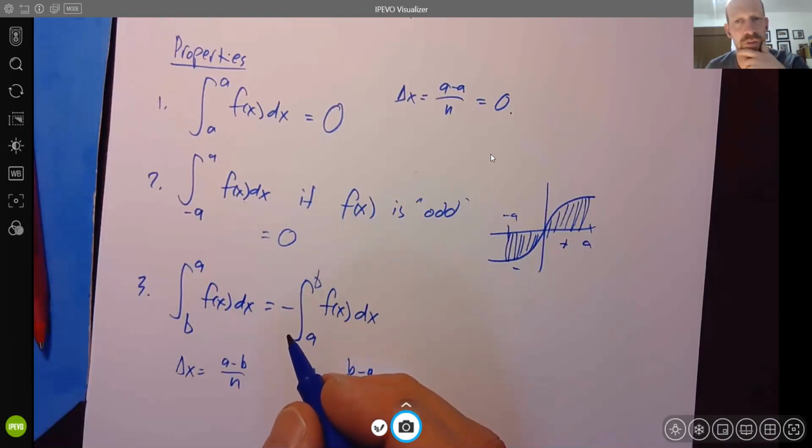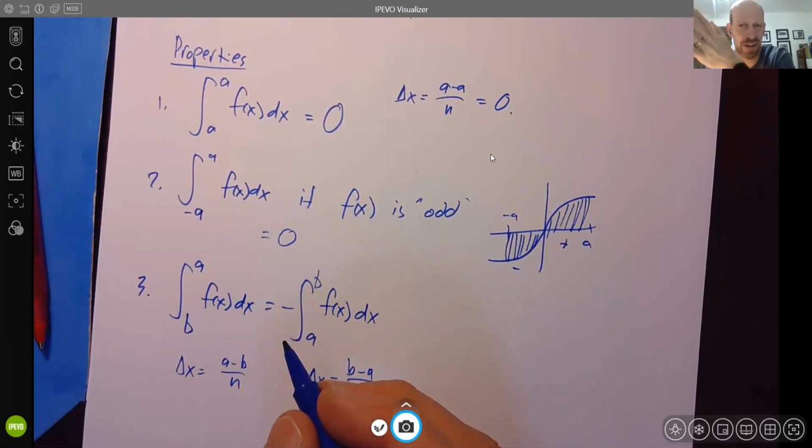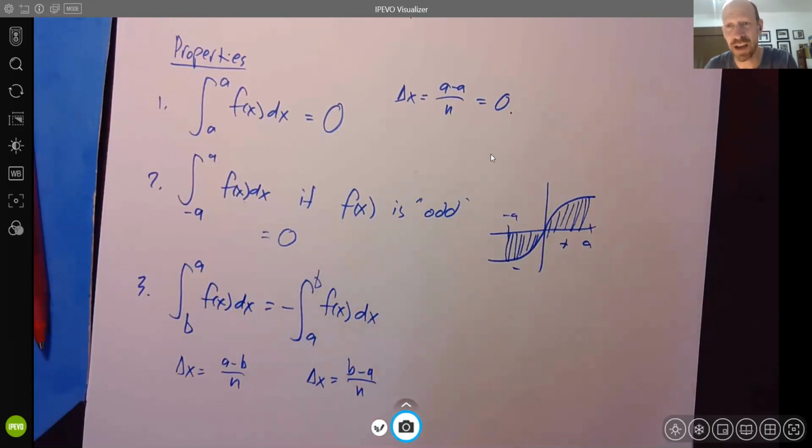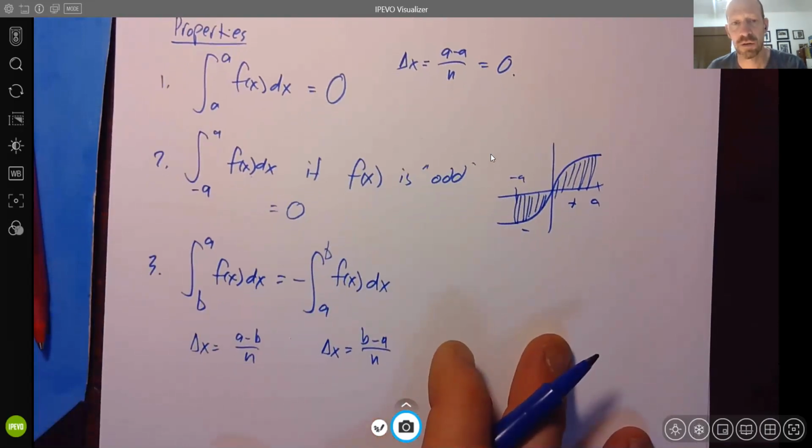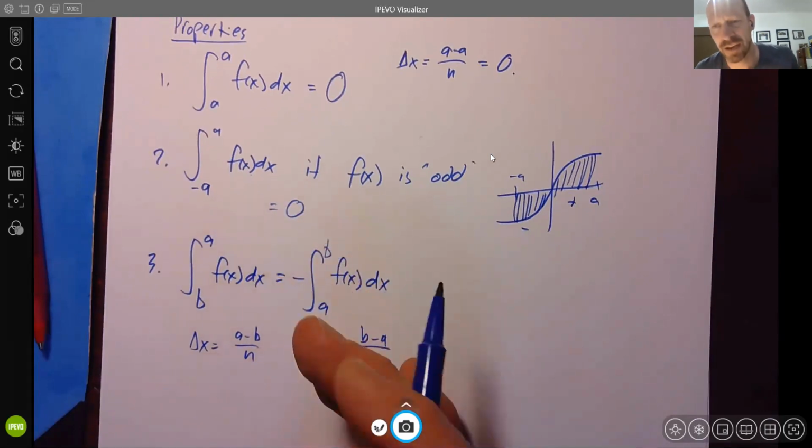That one to me always feels a little counterintuitive when I think about area. Because if I imagine going rectangles from right to left or left to right, they should kind of be the same, right? But they're not because of how we do the calculation. So the order of the bounds do matter, but only by a negative.